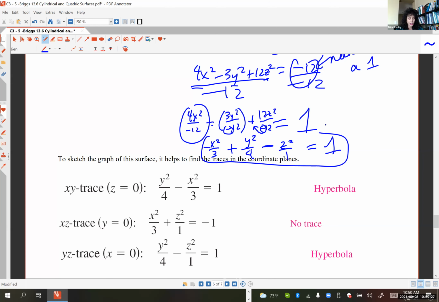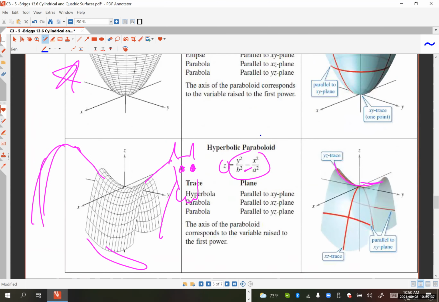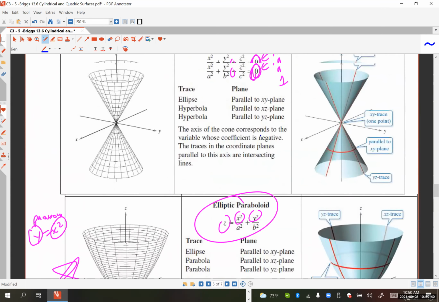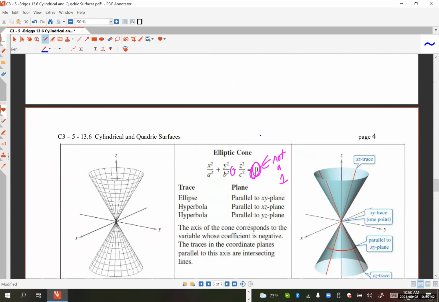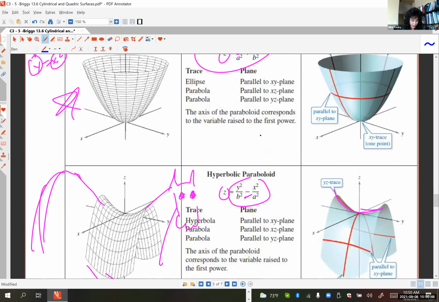So does this match any of the 6 choices on the previous page, where you've got a 1 on the right-hand side, and it looks like 2. Well, I can say the XY plane will probably look like an ellipse, right? Well, you've got to be careful here because you want 2 of the terms to have a negative in front of them.